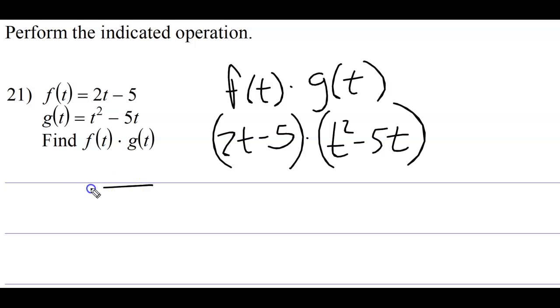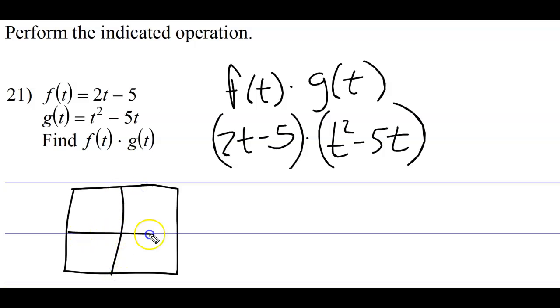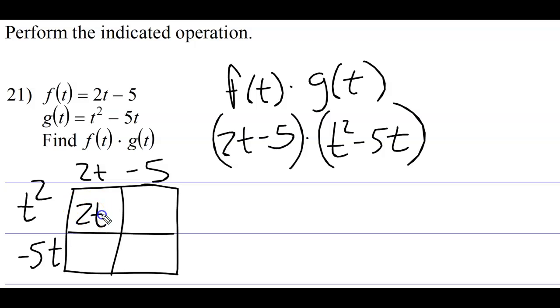So make myself a little box here. We'll put 2t minus 5 on the top, and we'll put t squared minus 5t on the side. And we'll go ahead and multiply our terms to fill this in.